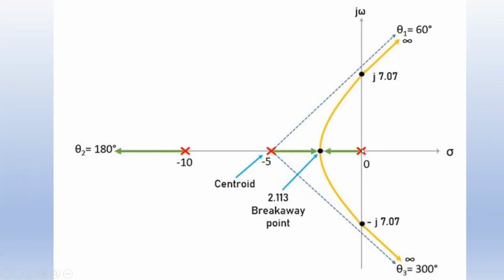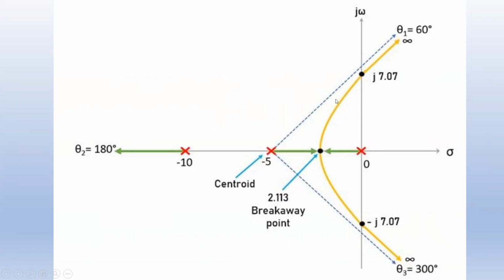So the root locus branch is starting from the pole at k equal to 0, and it is moving in this direction because there is a breakaway point at minus 2.13 over here. And this branch, which started at a pole at minus 5, is moving towards the breakaway point.